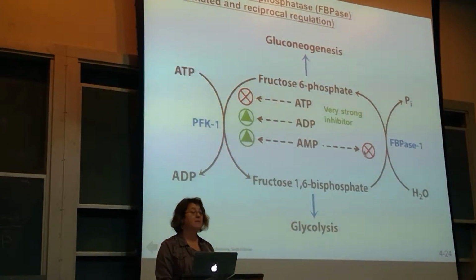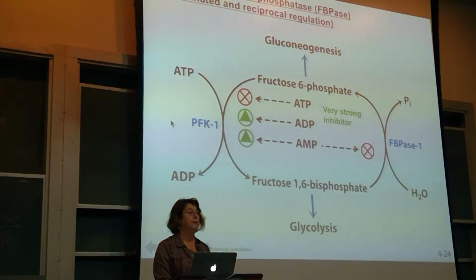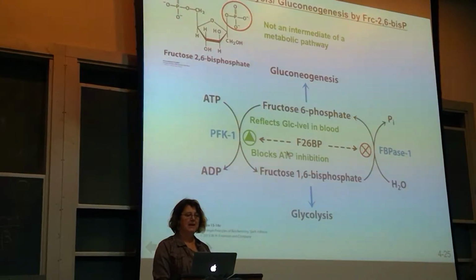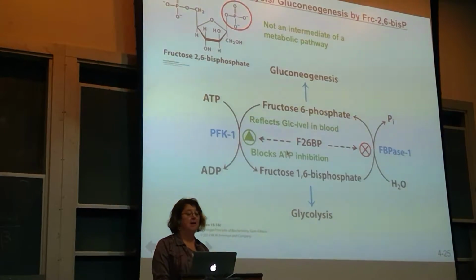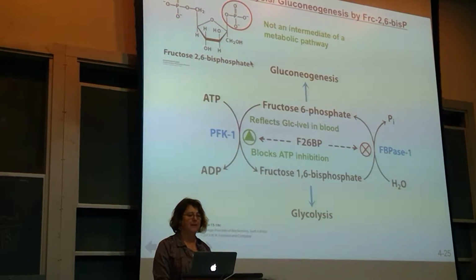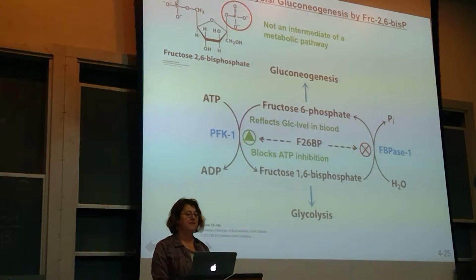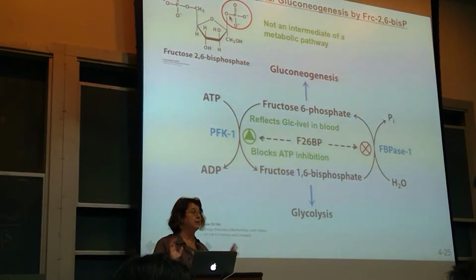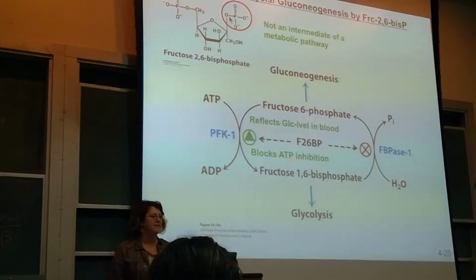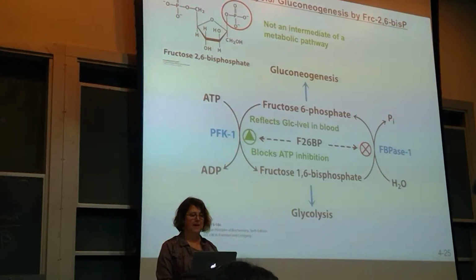So there are other ways besides ATP, ADP, and AMP to regulate these 2 differential reactions. And we started talking about this last time, this fructose 2,6-bisphosphate. So like we talked about before, the bisphosphate, we have 2 phosphates on 2 different positions, which is what the bisphosphate is about. And it's not an intermediate, but it's a regulatory compound. And it differentially regulates these 2 processes, and we're going to look at that.